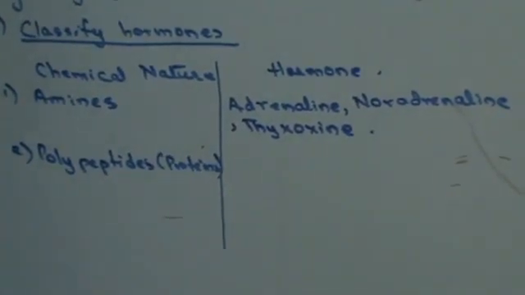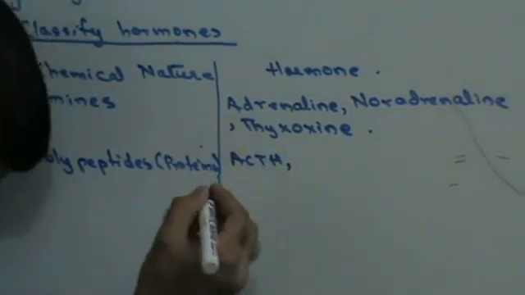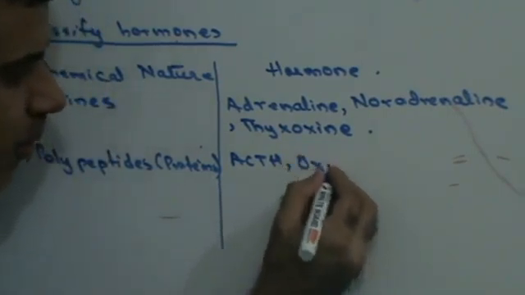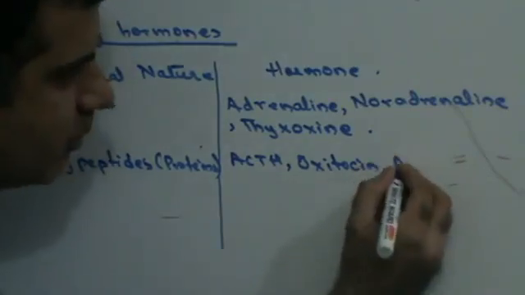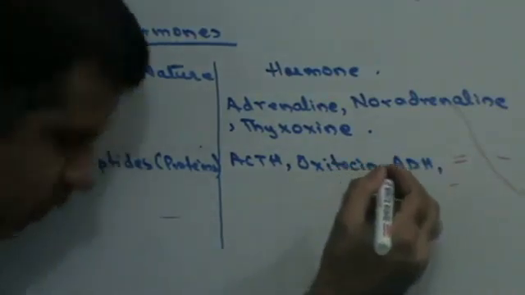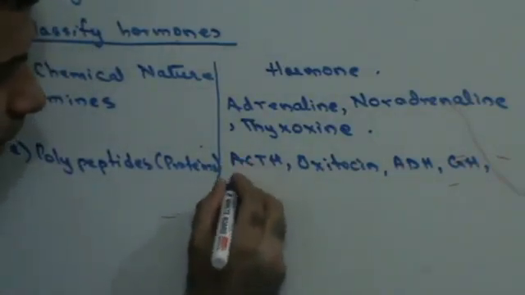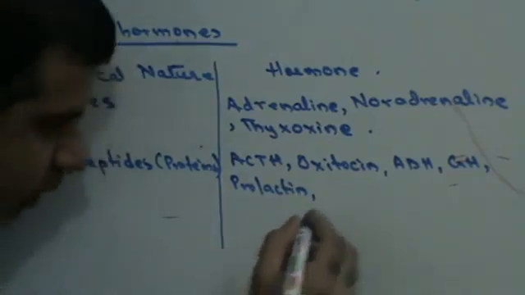Now, the hormones that contain proteins are ACTH, oxytocin, ADH, GH, prolactin, insulin.